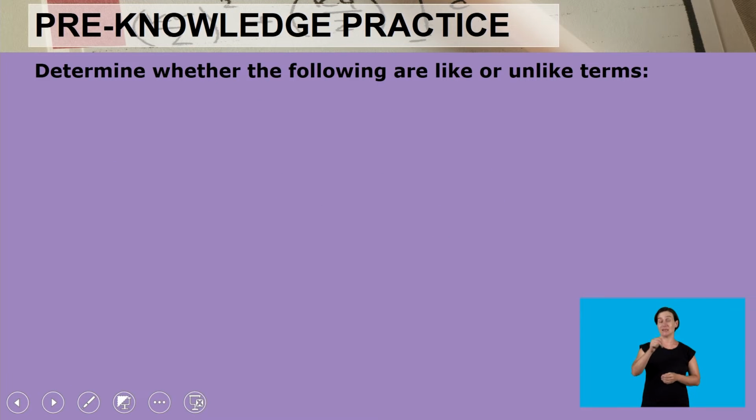Now, let's look at the following expressions and determine whether they are like terms or unlike terms. We're going to start there with 5x and 9x. Are they like terms? Yes, they are like terms, and the reason why we are saying they are like terms is because they have the same variable as a base, and those variables have the same exponent, which is an exponent 1. What about the next two terms?